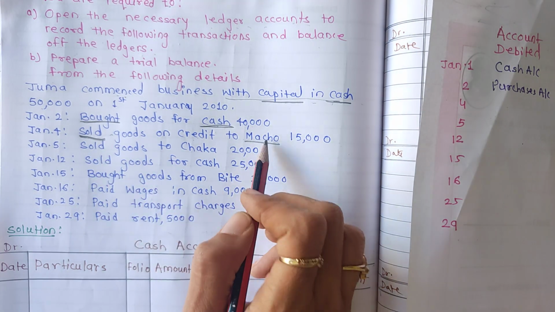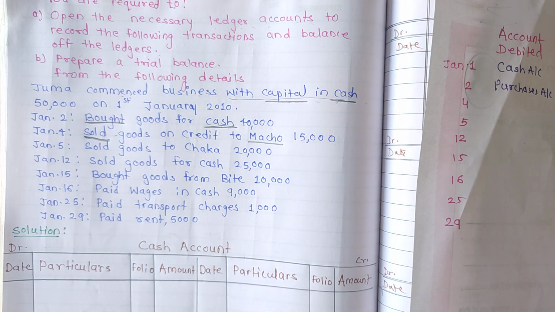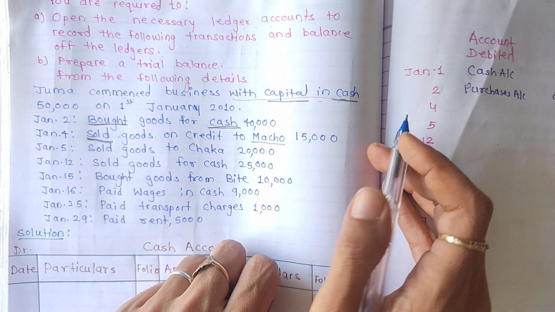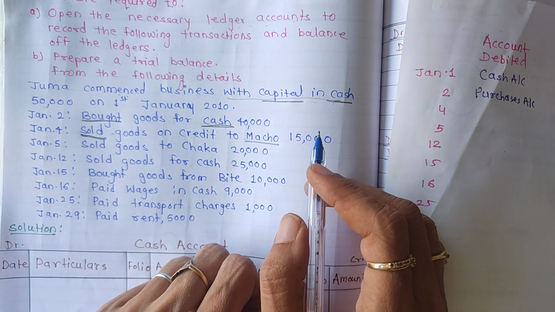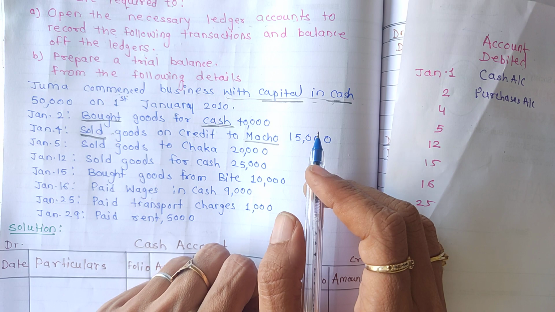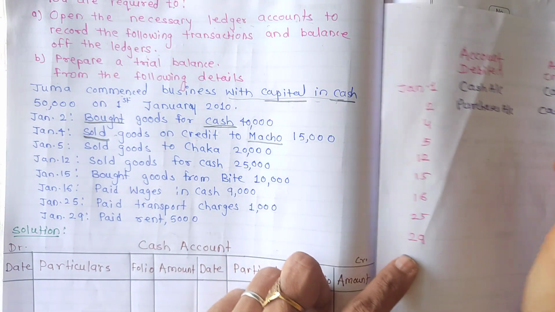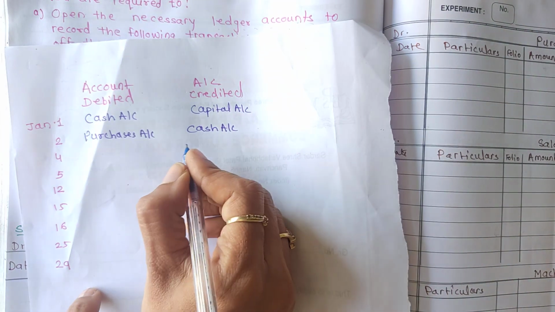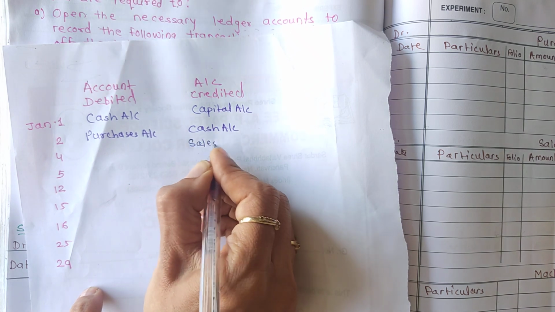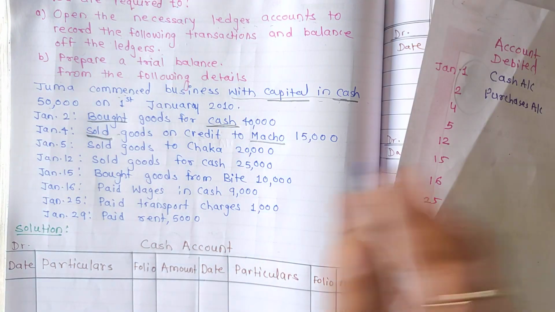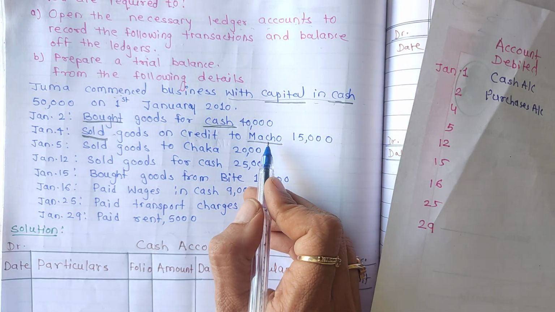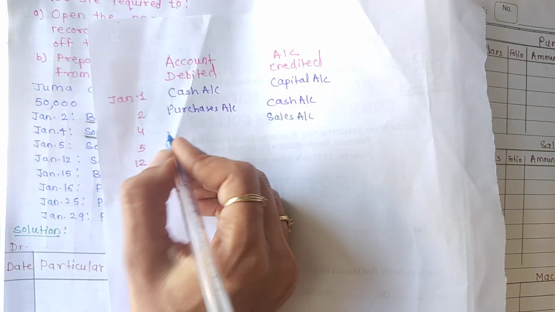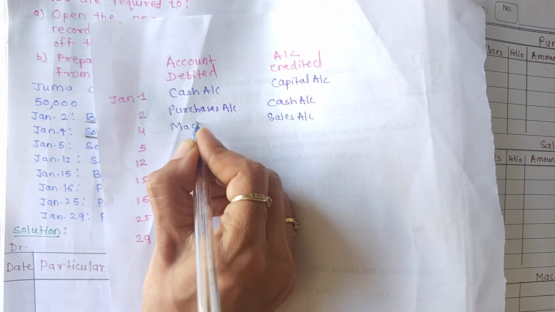So two accounts are affected, sales and Macho. Now sales is a nominal account. Nominal account rule says debit expenses and losses, credit income and gain. So here sales account will be credited, and Macho is a personal account. Personal account rule says debit the receiver. So Macho's account will be debited.